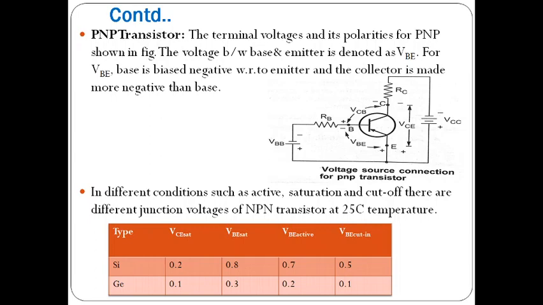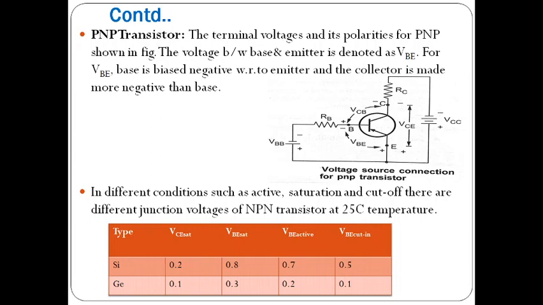Here the base is negative, and we are applying the negative, so it is more negative with respect to the emitter, and the collector is also more negative than the base because we are applying the negative to the collector. Yes, so these are the potentials of NPN and PNP transistors.